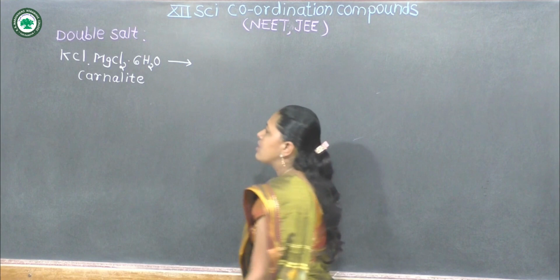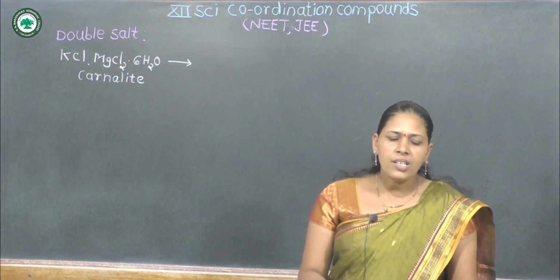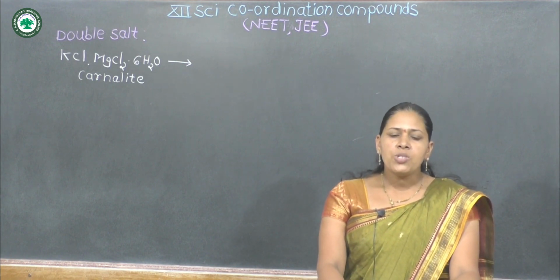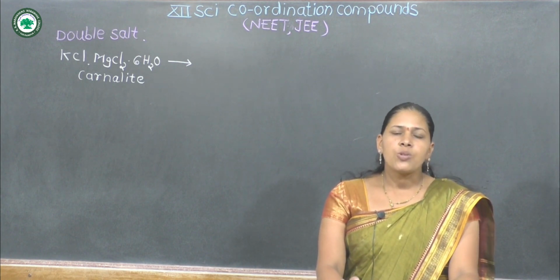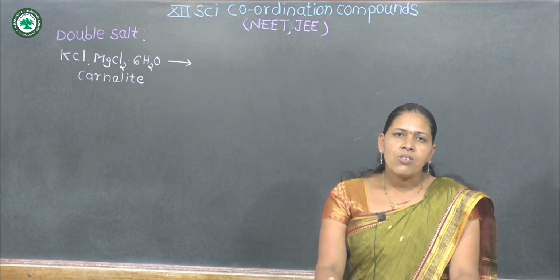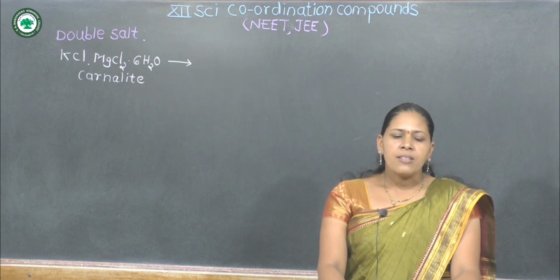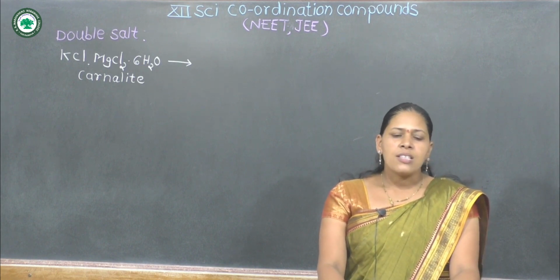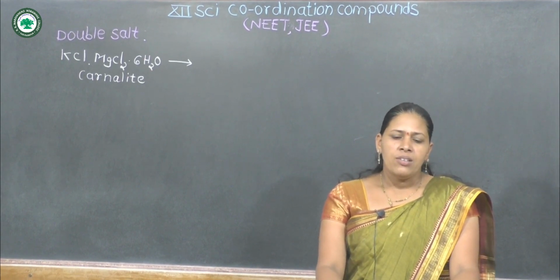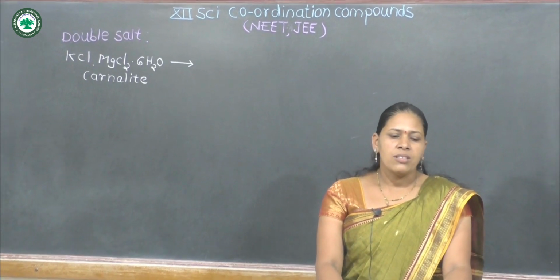If a double salt is dissolved in water, it loses its identity in solution. This is the main difference between double salt and coordination compounds. Double salts are the salts which lose their identity when dissolved in aqueous solution.